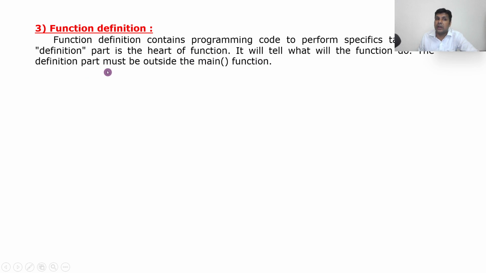The function definition must be outside the main function. Previously we said the function prototype will be before the main function, the function call will be within the main function, and the function definition will be outside the main function. It may be on the top or bottom of the main function.